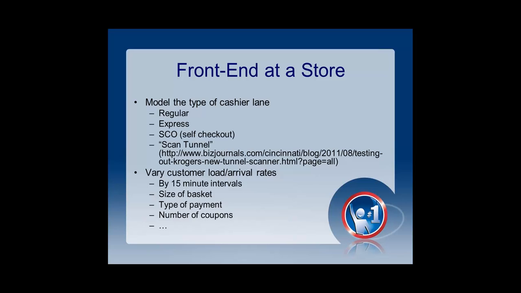And also, if you have been to a grocery store, you'll see that you've got regular lanes, you've got express lanes, you've got what we call self-checkout. And Kroger is introducing some new technology, and that's the reason we were using simulation of a technology called a scan tunnel.